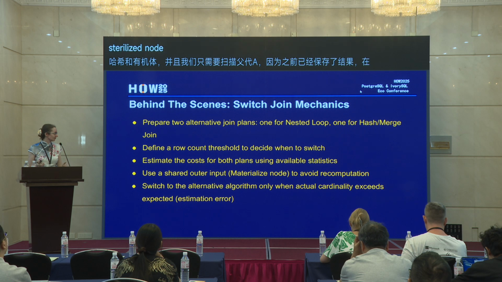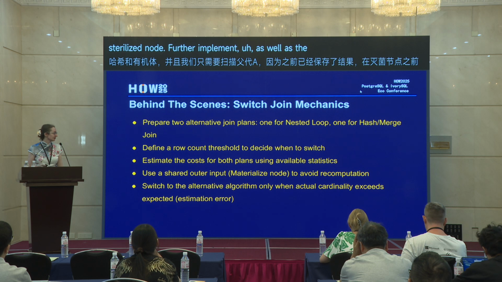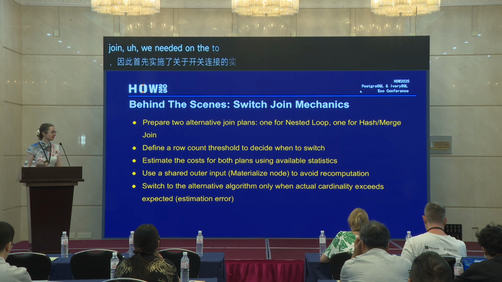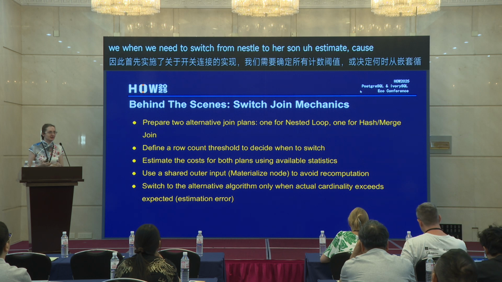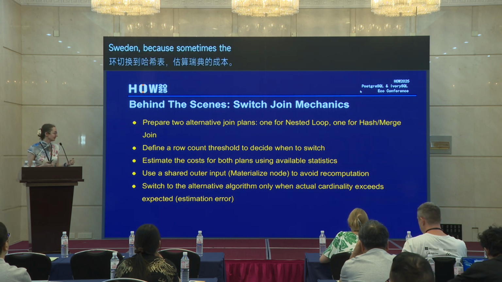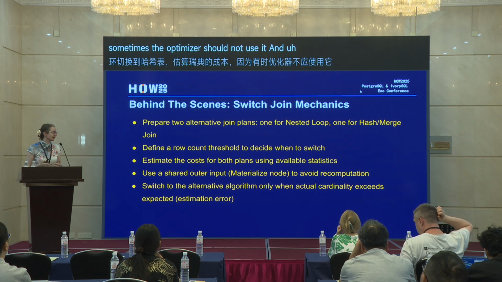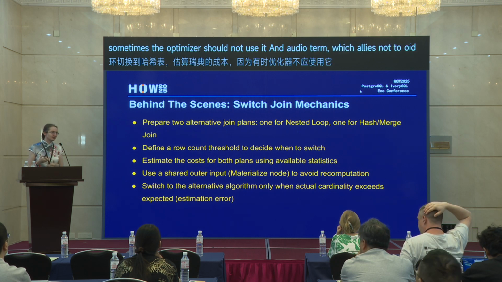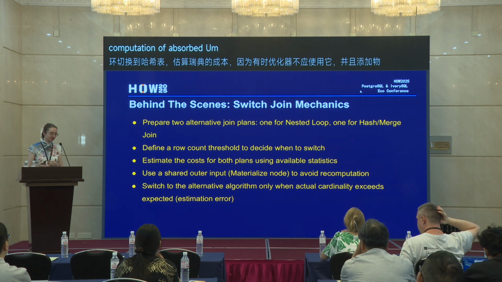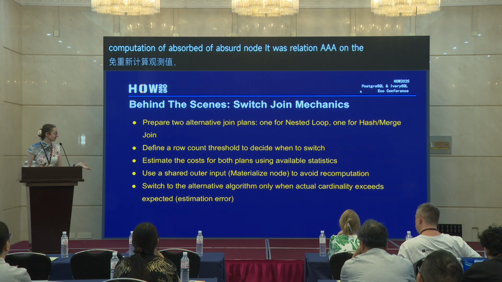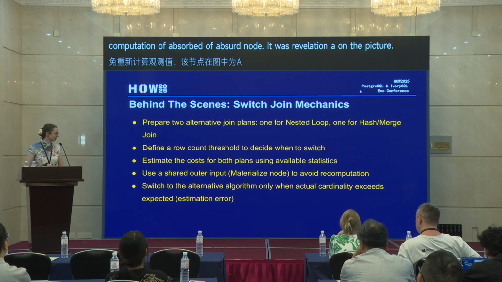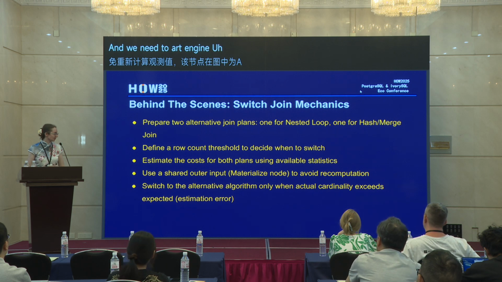As for the implementation of switch join, we needed only to determine the row count threshold to decide when we need to switch from nested loop to hash join, estimate the cost for switch join, because sometimes the optimizer should not use it, and add a materialized node to avoid recomputation of the observed node. It was relation A on the picture. And we need to add an engine to switch from one algorithm to another.